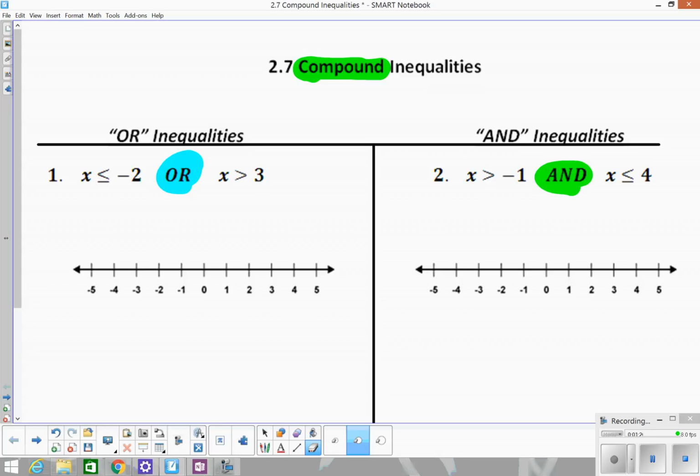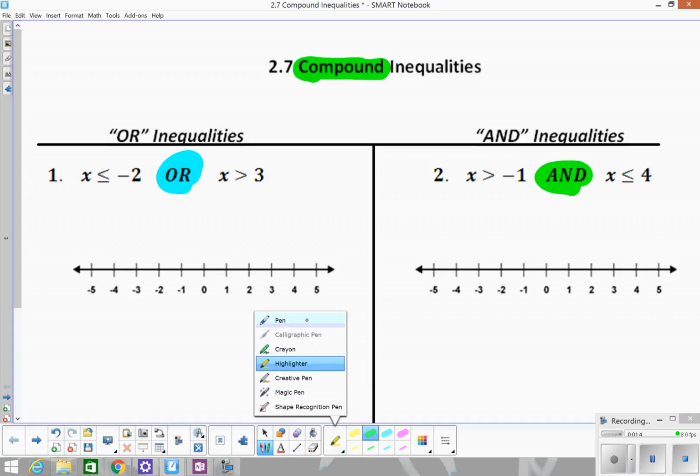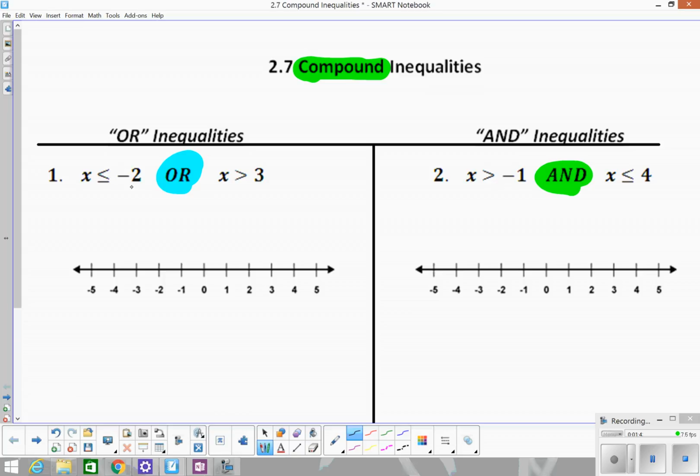When we talk about or inequalities, I think these are the simpler ones, because all we're doing is graphing each individual inequality. So if I have x is less than or equal to -2, I'm going to do the same thing I did in the last chapter. It's going to be a closed circle on -2, because it's less than or equal to.